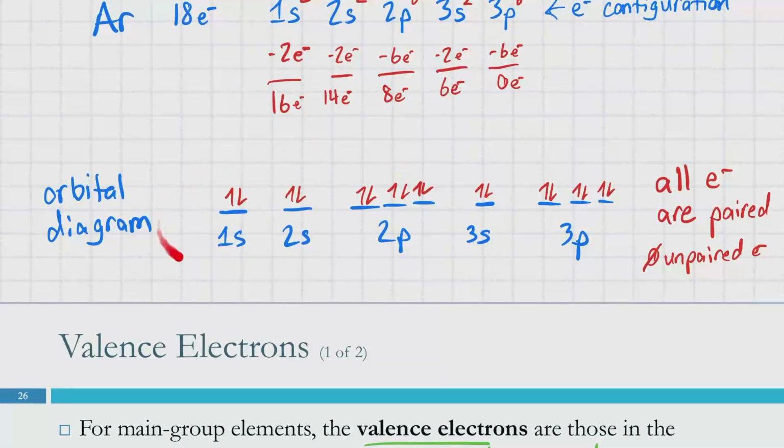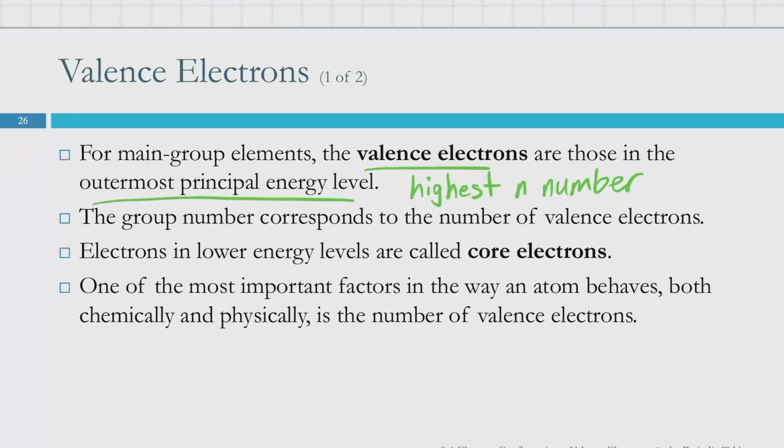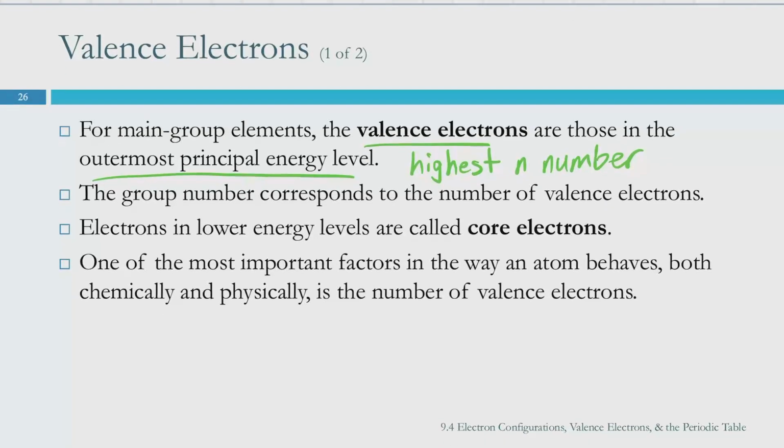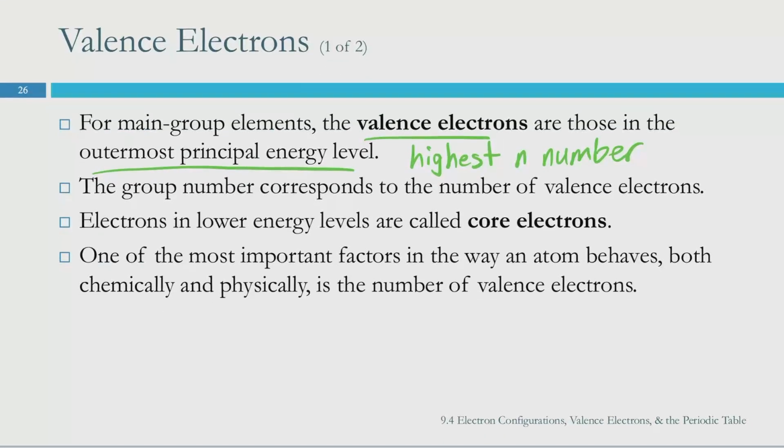The rest of the electrons are what are called core electrons. So those are the ones that are in the inside. Those ones are going to be providing some of the shielding for our outside, or our valence electrons. So electrons in our lower energy levels, anything that's below our highest n number, are going to be our core electrons.